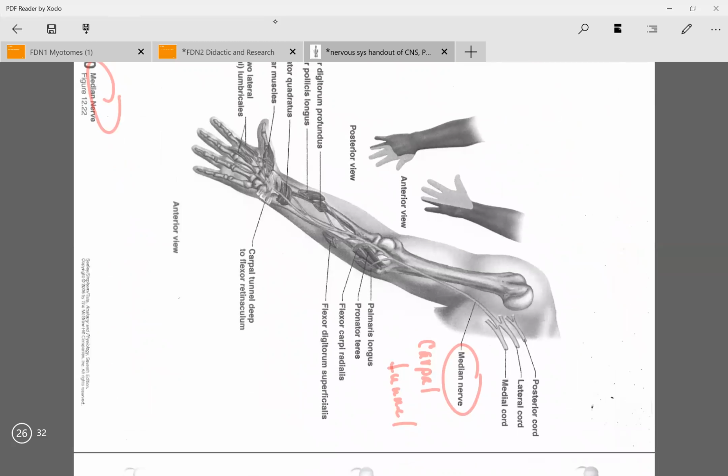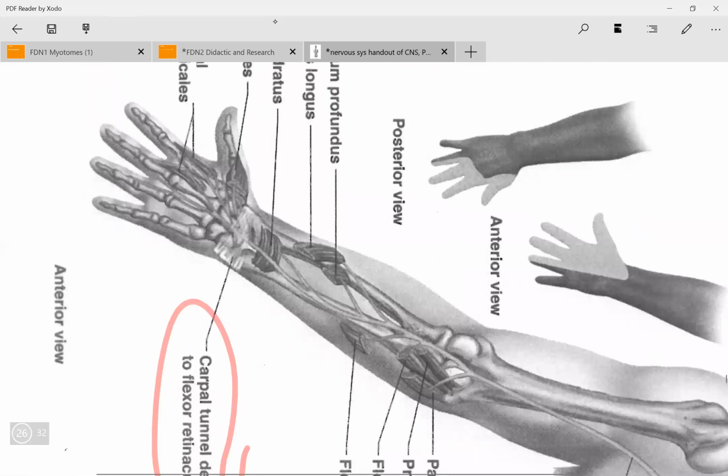Okay, median nerve, if it is infringed upon, can cause carpal tunnel. As you can see there, there's a carpal tunnel flexor retinaculum that the median nerve has to pass through in order to get to those three fingers: digit 1, digit 2, digit 3.